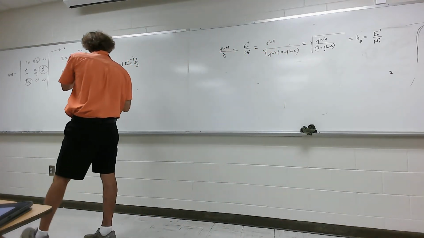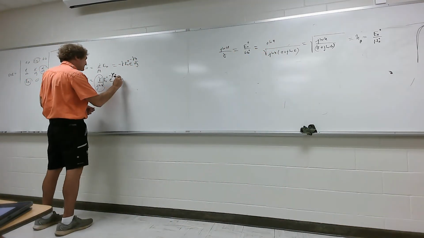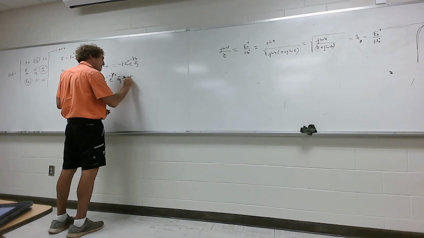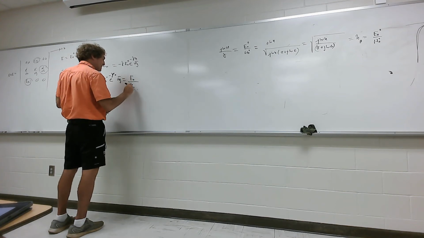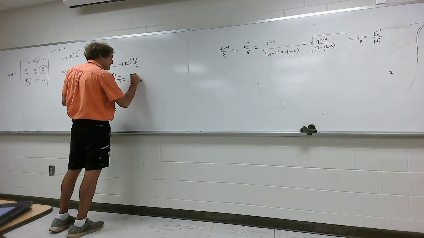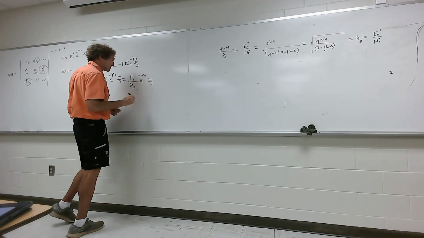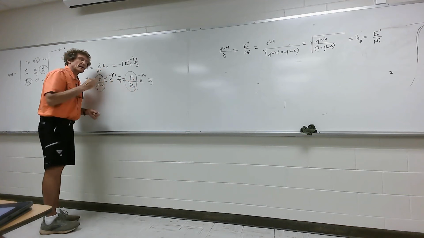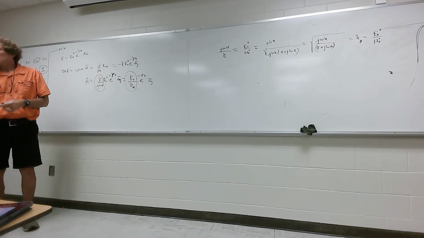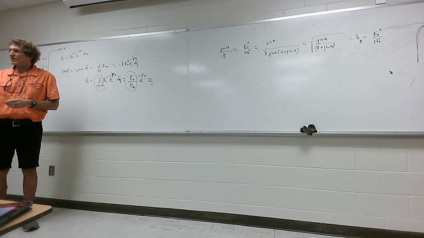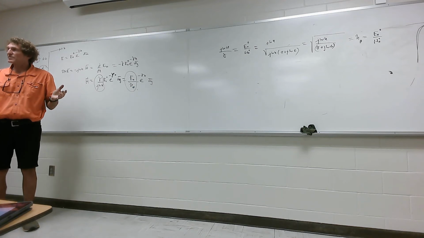Now, the way I have it, I have the H field equal to E naught over eta naught times e to the minus gamma z in the ay direction. E and H are always related for propagating waves by eta, and eta is simply the intrinsic impedance of the media.